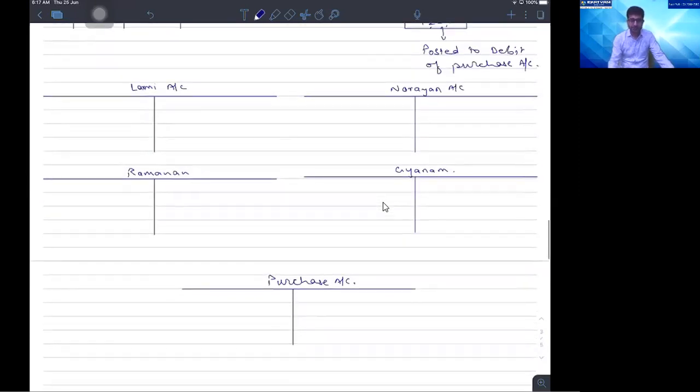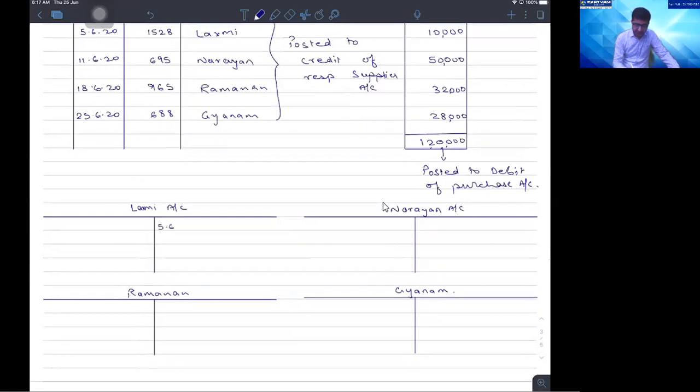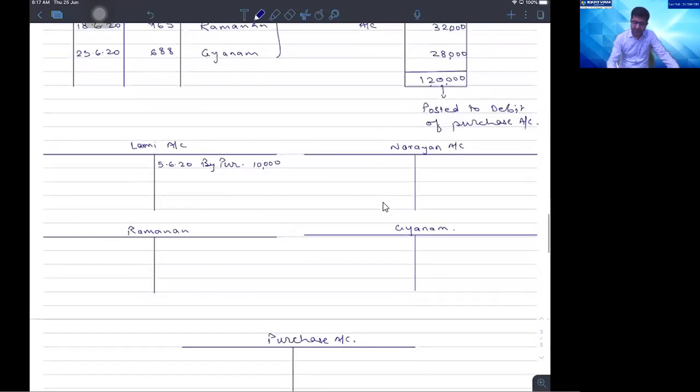Is it right? In the Lakshmi account, onto the credit side, I'll be writing what? 5th June 20 by purchase rupees 10,000. Correct? In Narayan account on credit side, 11th June 20 by purchase account rupees 50,000.